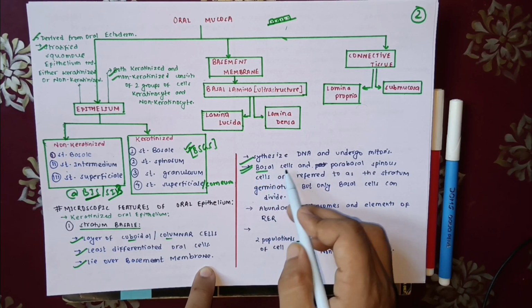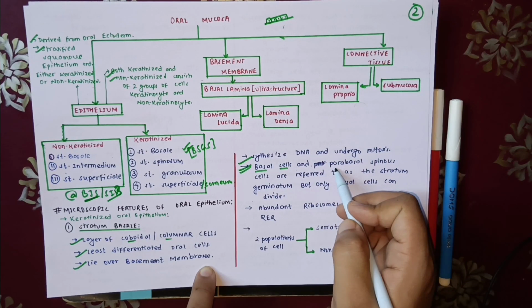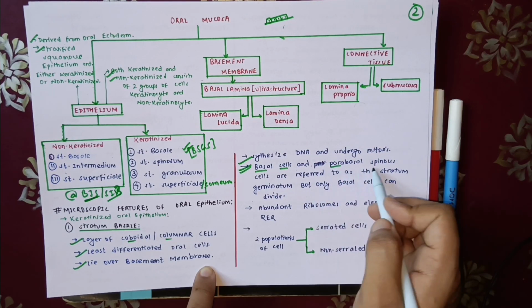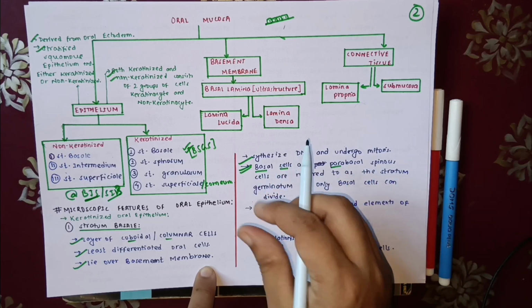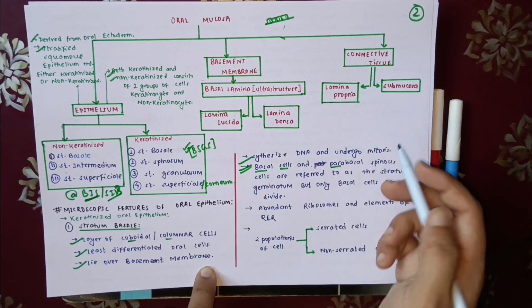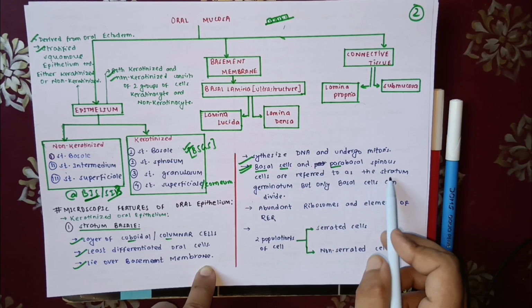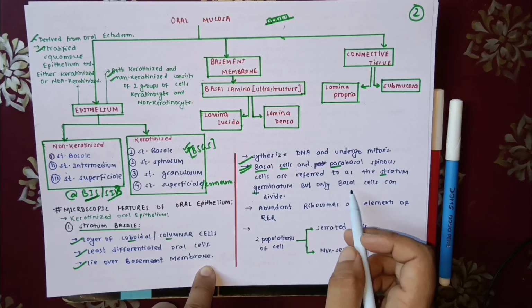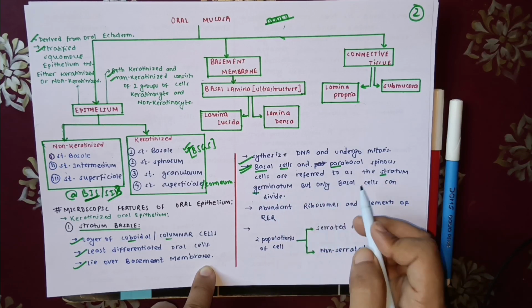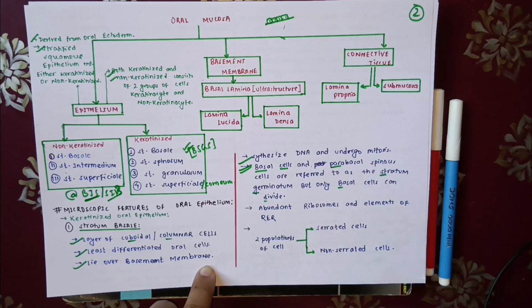The cell above this basal cell is a parabasal cell, particularly the parabasal spinous cell, in the stratum spinosum. Both together are called the stratum germinativum, but only basal cells are responsible for multiplication and division.